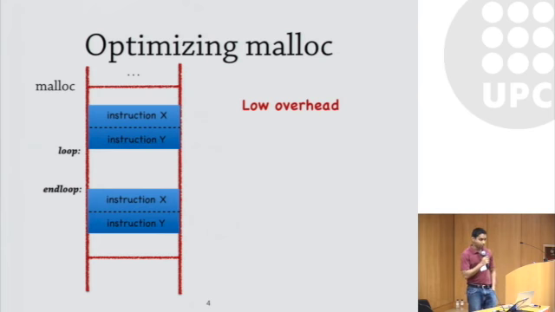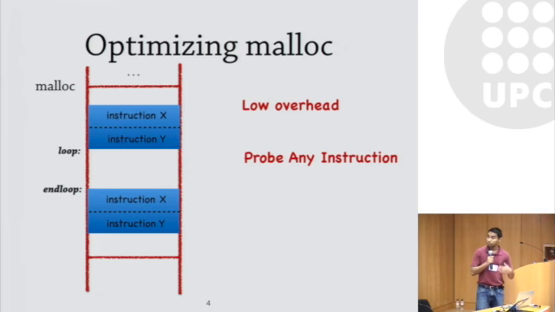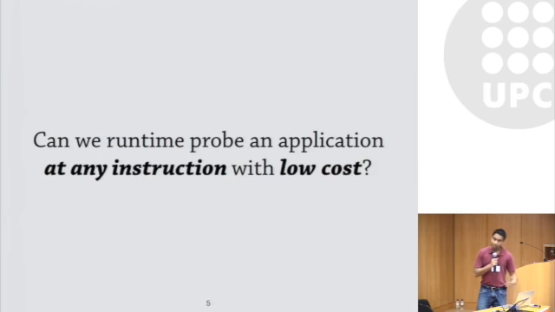For that, you just need to move these probes to measure just the for loop. So for this kind of exploratory debugging, you need to be able to probe any arbitrary location in the application. This little story brings us to the basic question that we're trying to answer with this work, which is, can we probe an application at runtime at any instruction with low overhead?